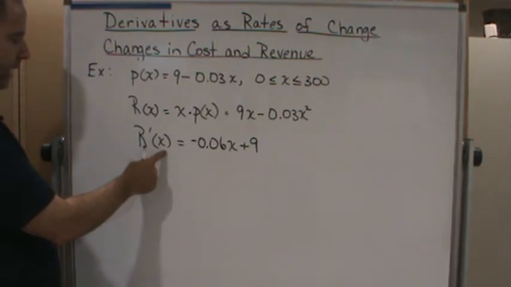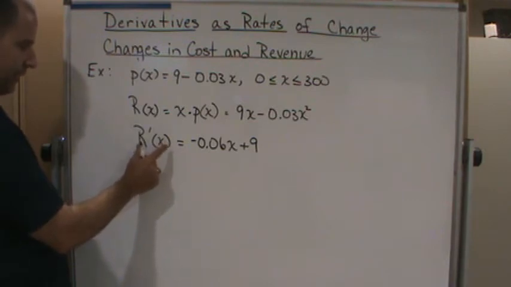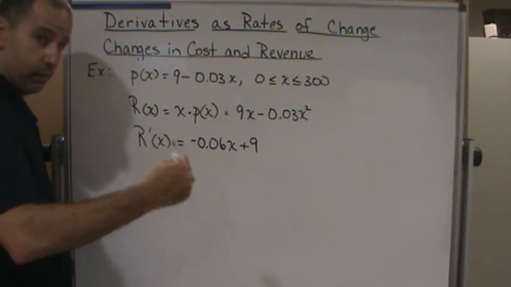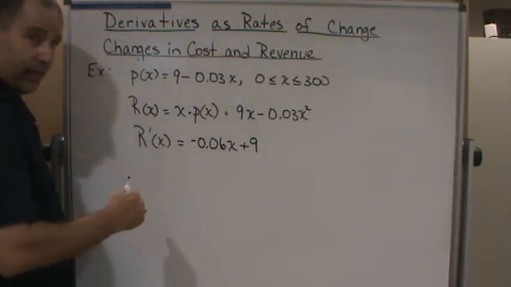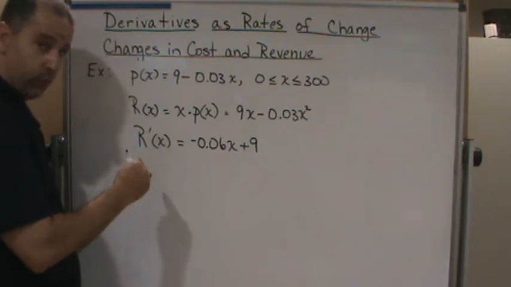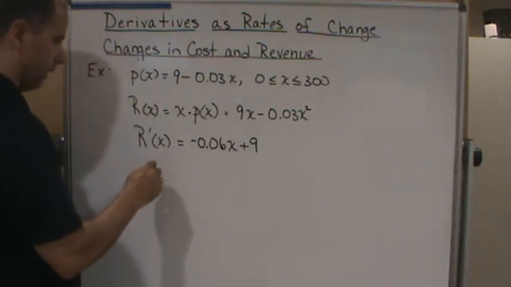Right? Why would we use X equal to 100? Because that would be the instantaneous, right, the marginal revenue of selling one more. So if X is 100, it would say, hey, this is the revenue that we would make if we were to go from 100 to 101. Okay?